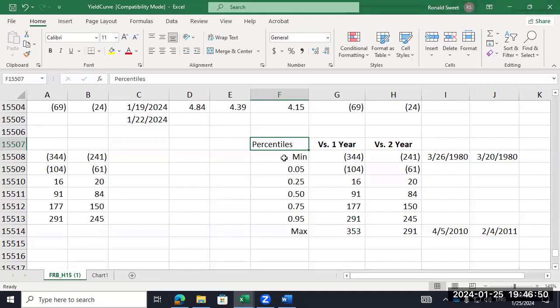Let's see if this makes intuitive sense. So the absolute min was negative 344. The short end was 344 basis points higher than the long end. And that happened in a logical year. When did that happen? The early 80s. What was the bond market saying in the early 80s? Double-digit inflation, the Fed's killing the economy. They can get inflation under control, interest rates are falling.